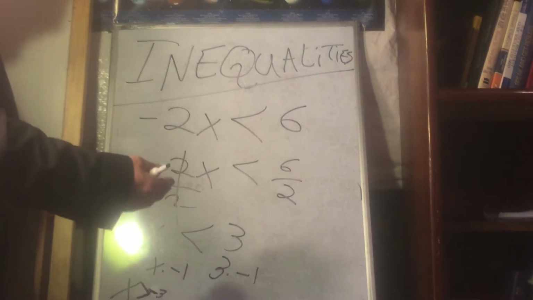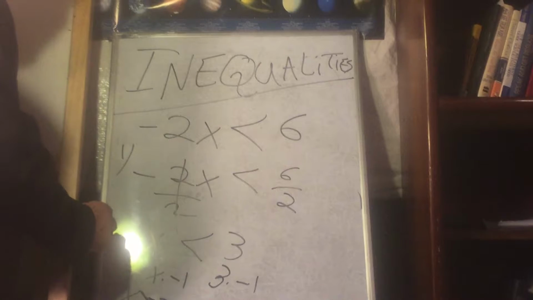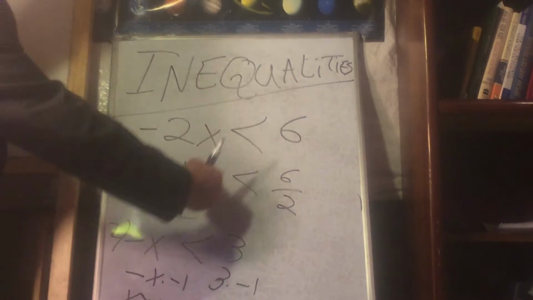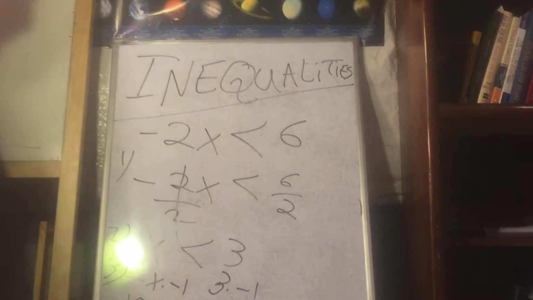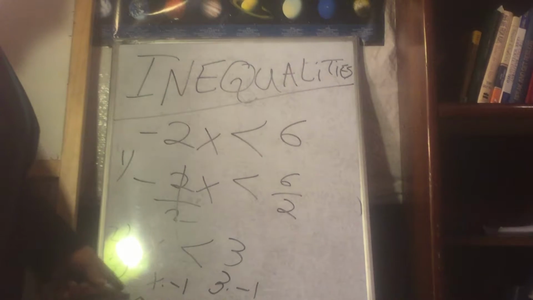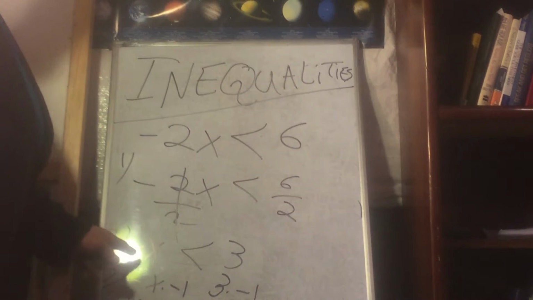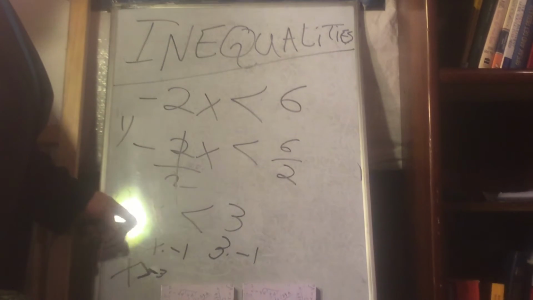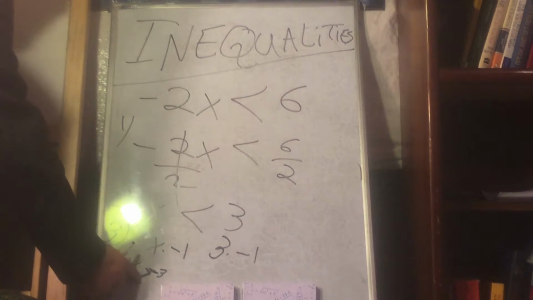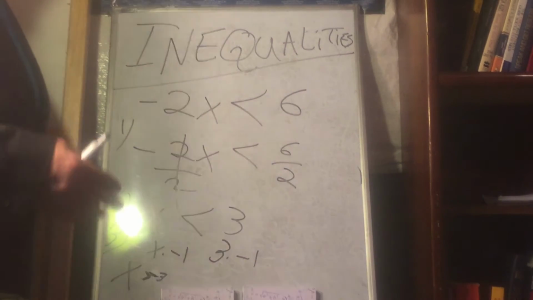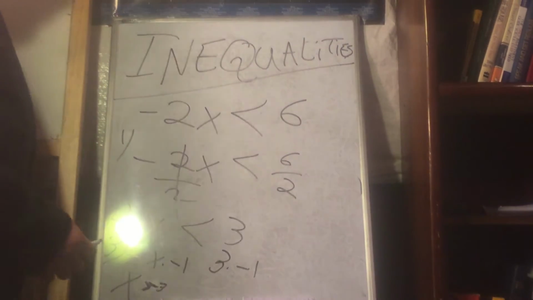So this is the first step, and this is the second step: you just simplify it. And then the third step is you multiply it by negative 1 to get rid of the negative sign. Negative times negative is positive 1, which is positive x.